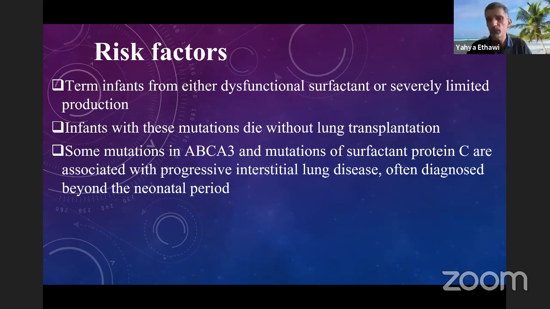And this is not a self-limiting transient respiratory distress. It's a congenital surfactant deficiency. And usually the child dies without lung transplantation. A mutation such as ABCA3 and mutation of surfactant protein C are associated with the progressive interstitial lung disease and usually late diagnosis.